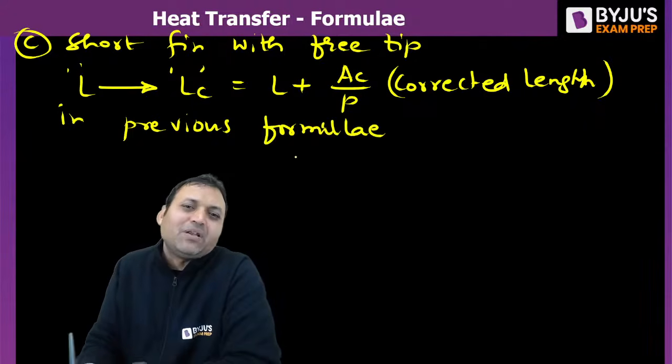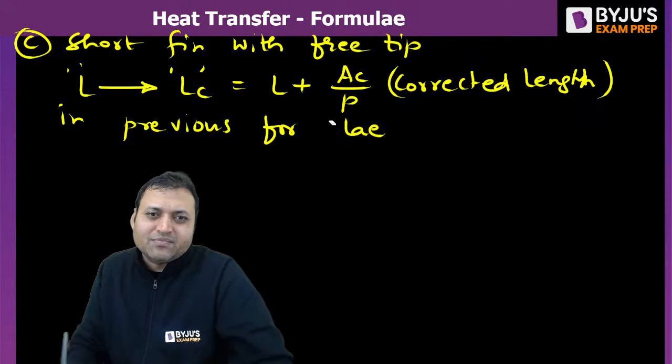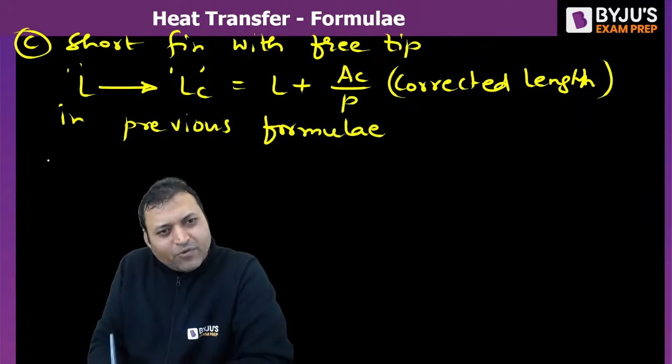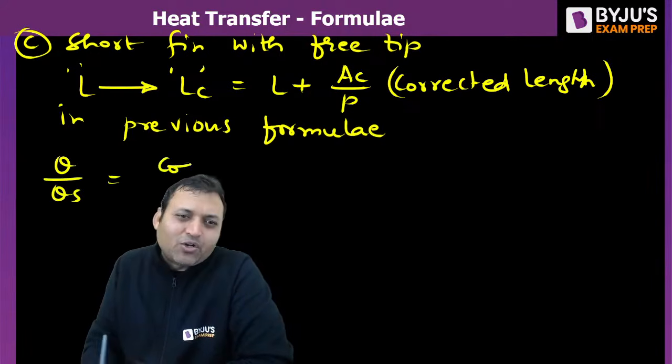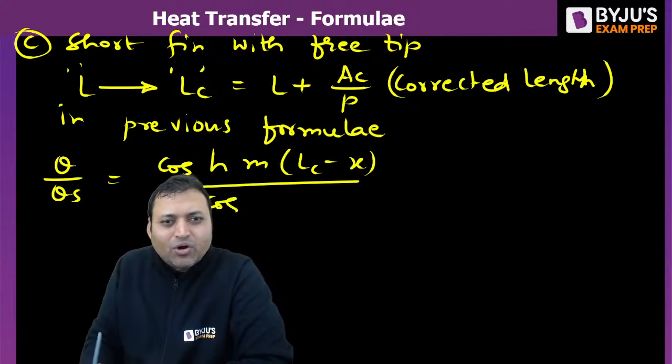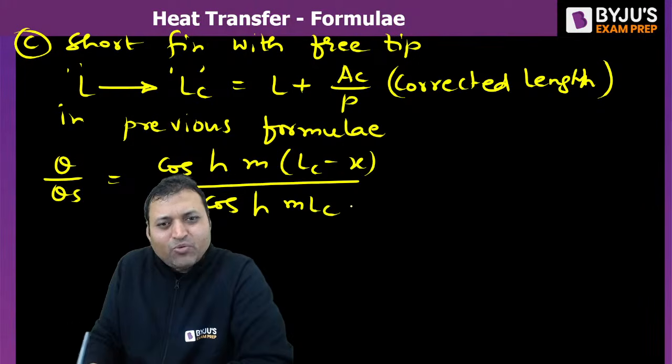In the previous formula, for example, if we write theta by theta s, then we will write cosh of m(Lc minus x) upon cosh of m into Lc.